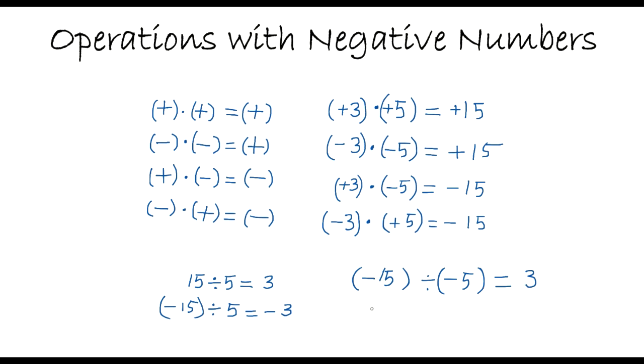You have the first number positive, but you are dividing with a negative number, negative 5. Now one is positive, another one is negative. That's why you will get a negative answer, negative 3.